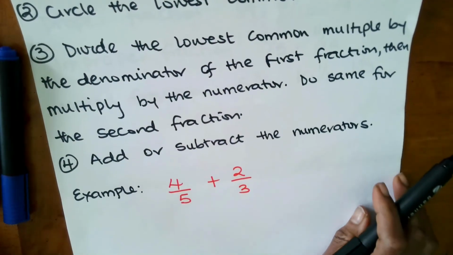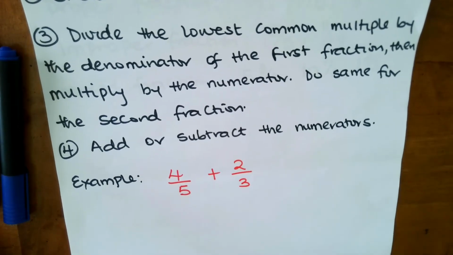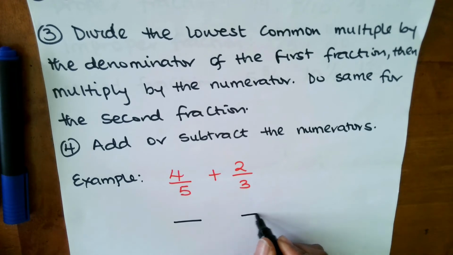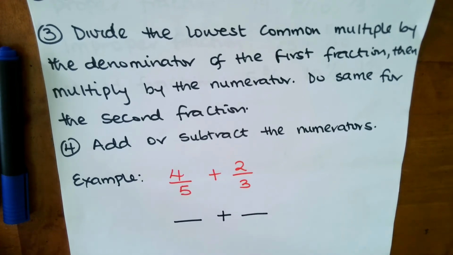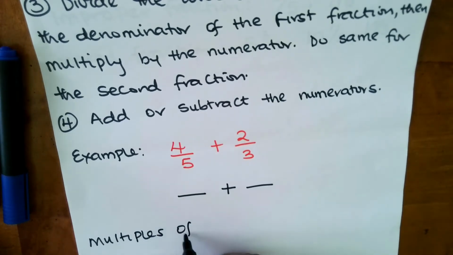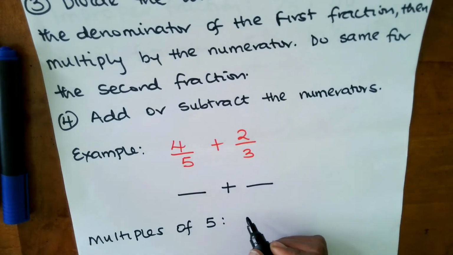So if we've got this example, 4/5 plus 2/3. What we're going to do is to find the lowest common multiple. So first of all, we look for multiples of 5. Multiples of 5 are those numbers in the times table.